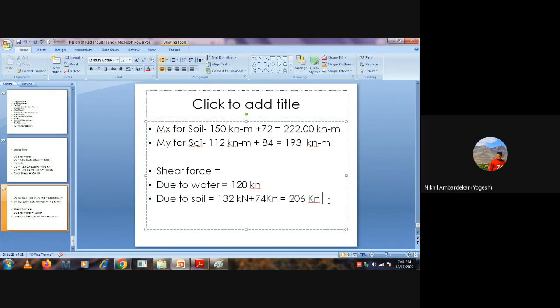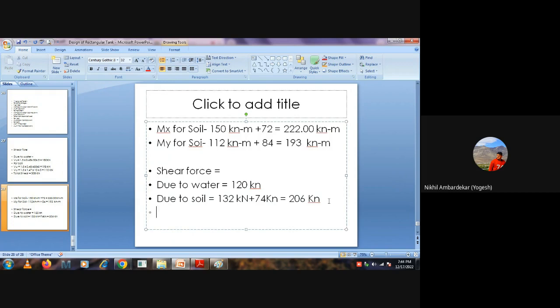But one thing here, whenever you go for design, all these are service level. We haven't considered any factor. If you have a load combination 1.4 dead plus 1.4 soil, if your load factor is 1.4, then you need to multiply this value 206 by 1.4.